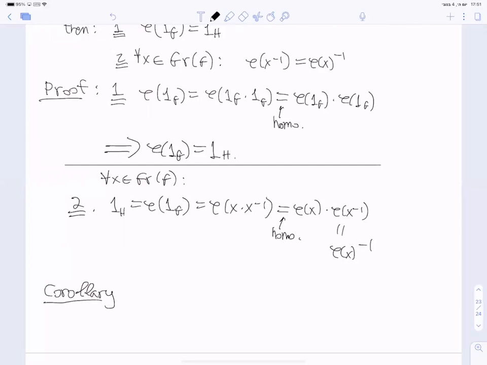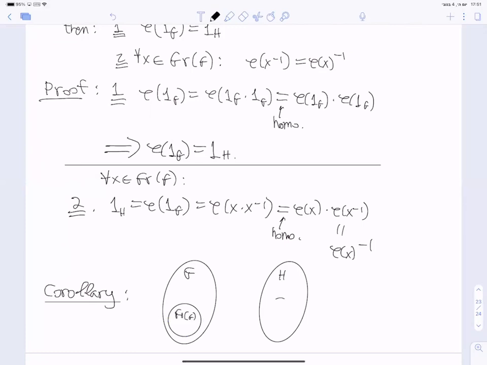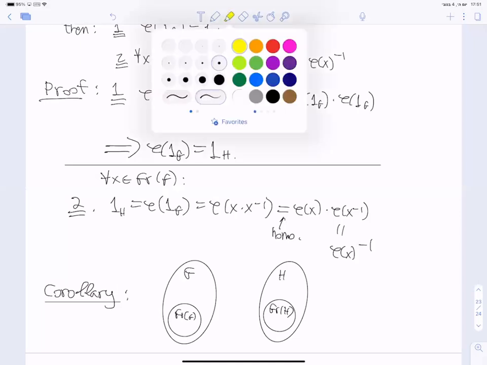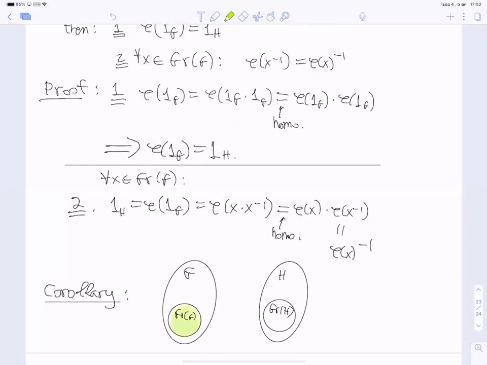If you start with G and H, suppose these are the invertible ones, you can be sure that if this is phi, then if you restrict yourself to this input, the image will be inside here.